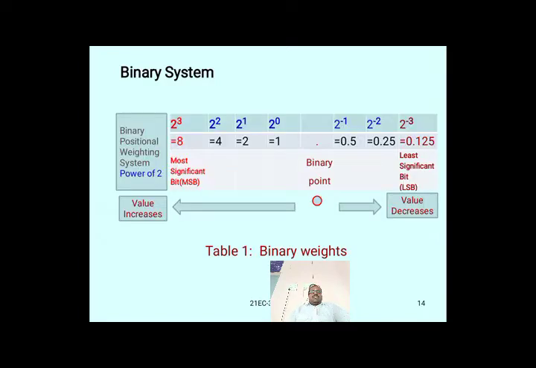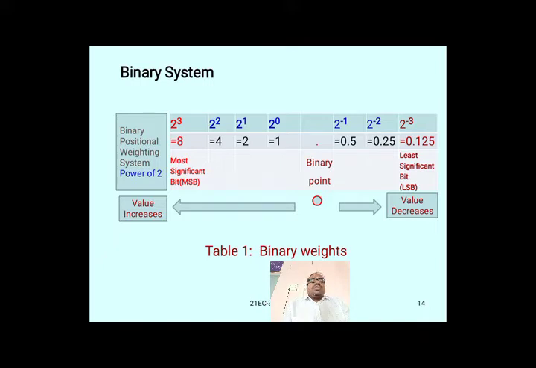Now binary system. See, here I have shown the positional weightage system for binary, to the power of 2. In the previous decimal system, we saw the 10 powers, because it has the base 10. In the binary system, it has the base 2.